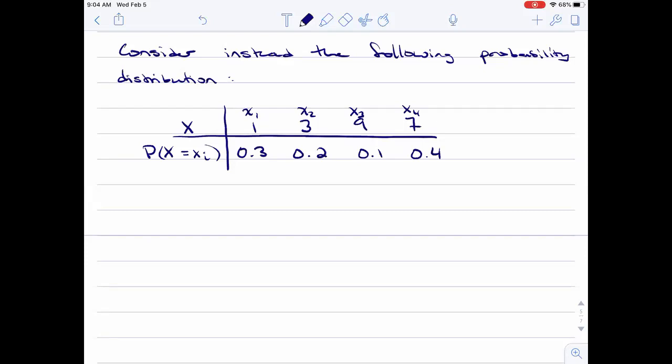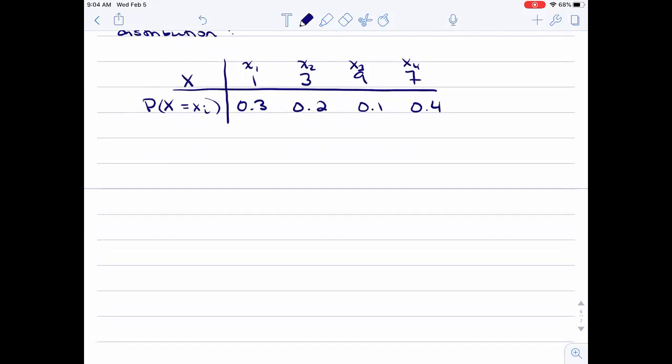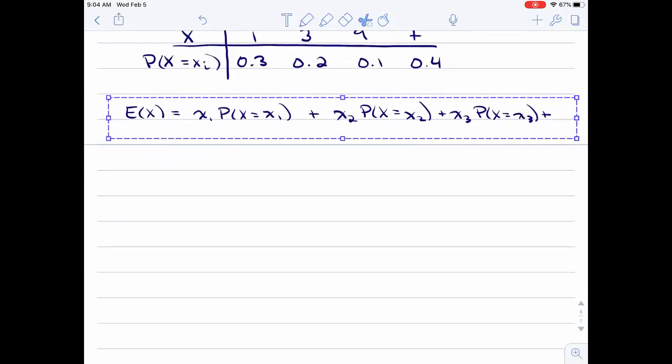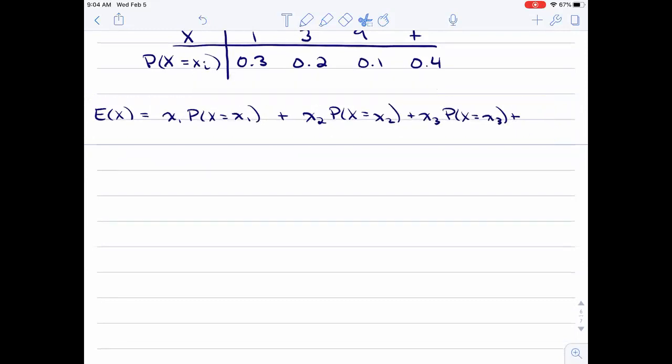And so what we have is E of x is going to be x1 times the probability that x equals x1, plus x2 times the probability that x equals x2, plus x3 times the probability that x equals x3, plus x4 times the probability that x equals x4.